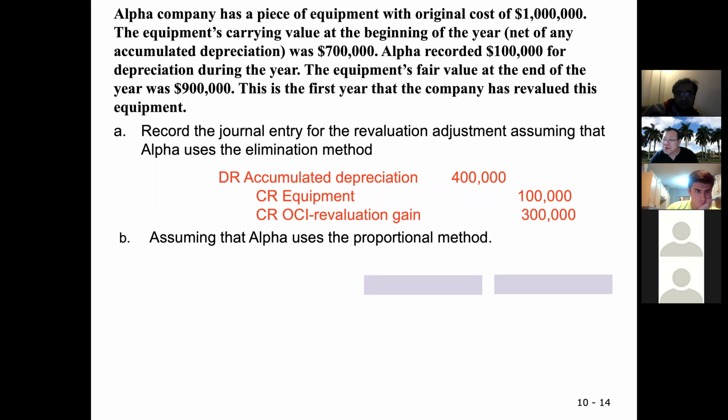Okay, now try to do it on your own. Try to do it the proportional method. I want to see if you get it. I give you 1 minute to do that on your own, and then I will tell you the answer.